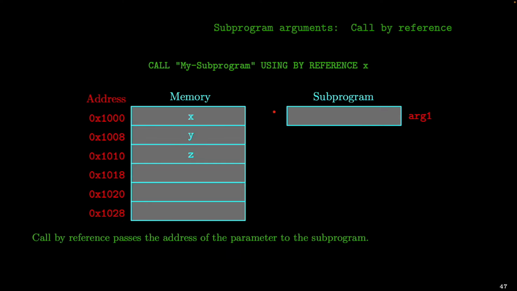And if I do a call by reference, so using the by reference modifier here, then what I will actually pass to the subprogram as the first argument is the address of the variable x, not the value that x contains, not the value that is in memory here, but the address of this piece of memory.